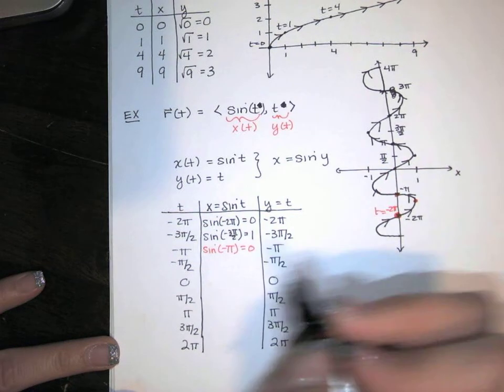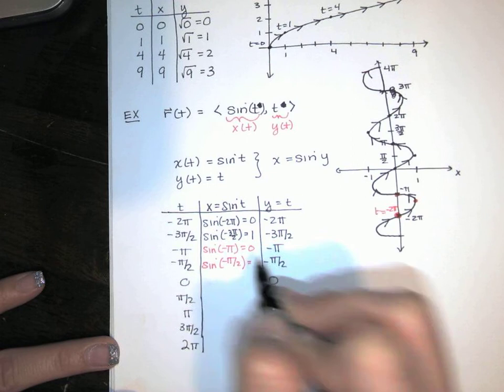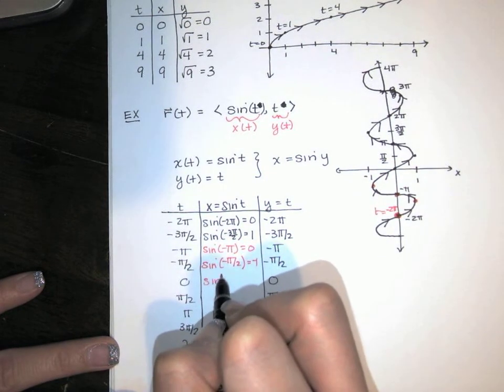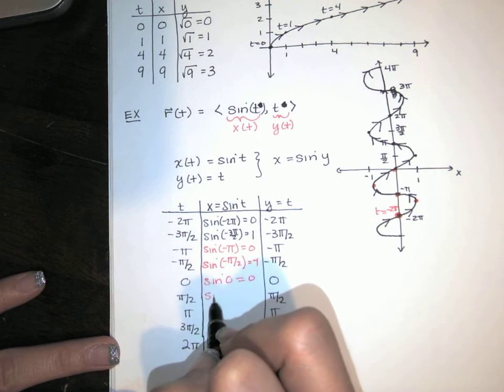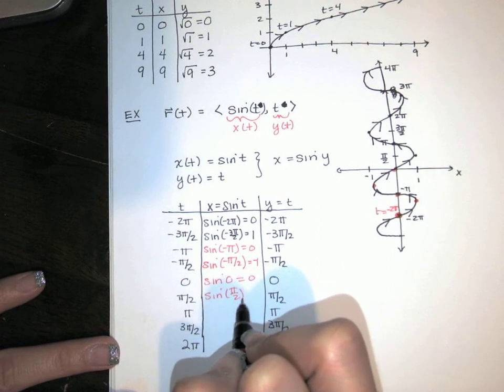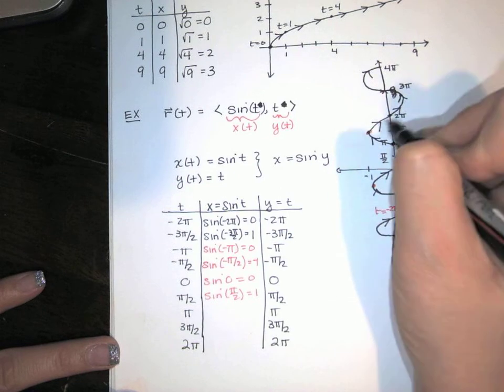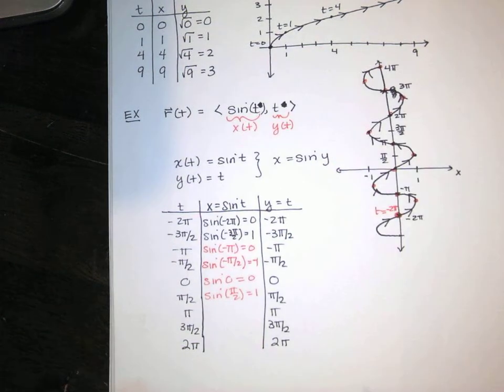So we're there. And at negative pi over 2, we get negative 1. So we're there. And then sine of 0 is 0. So we're there. Sine of pi over 2, that's 1, we're here. And we just keep going like this along the curve.